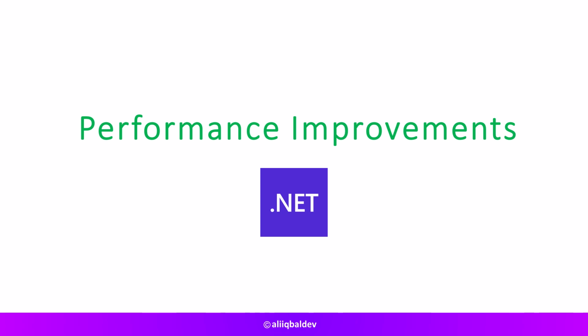Also, a lot of work to improve native AOT has been done. Basically, native AOT, short for ahead of time compilation, takes out the JIT, the just in time compilation process, resulting in better performance too. And finally, performance improvements can be expected due to something called on-stack replacement or OSR.